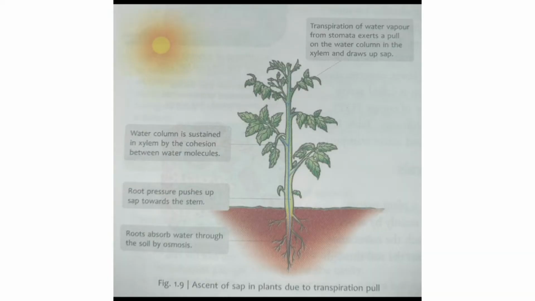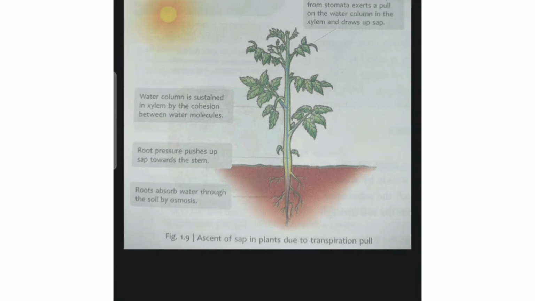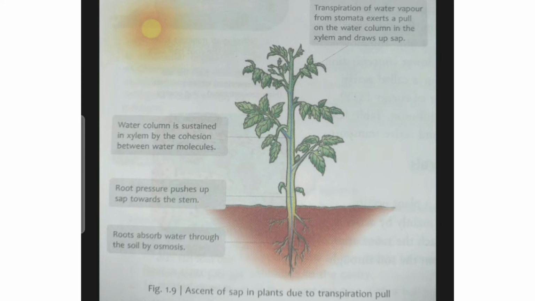Now we are going to discuss the transport of water and minerals, that is Ascent of Sap. Here you can see the ascent of sap in plants due to the transpiration pull, a picture has been given. Some things are also pointed out here, so let's discuss them first. Here the roots absorb water from the soil by osmosis.